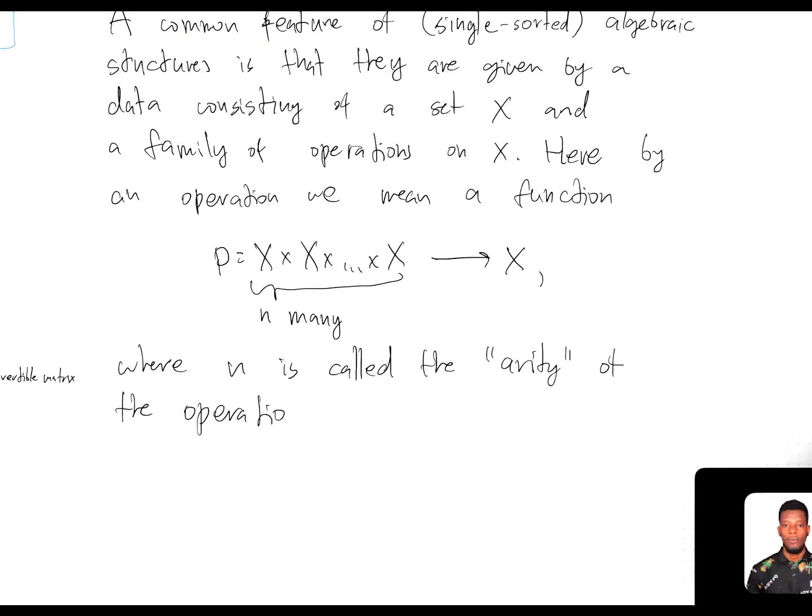You can really think of these operations as some sort of generalized polynomials. N is called the arity of the operation.